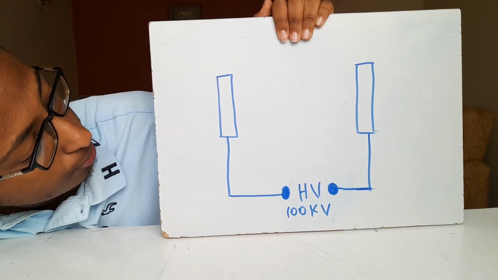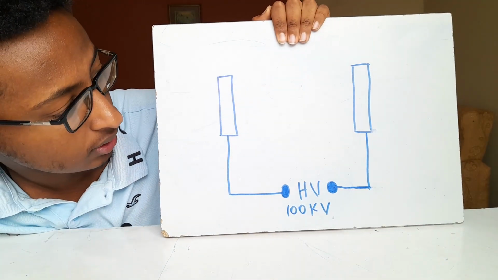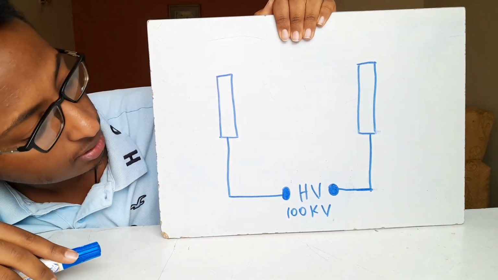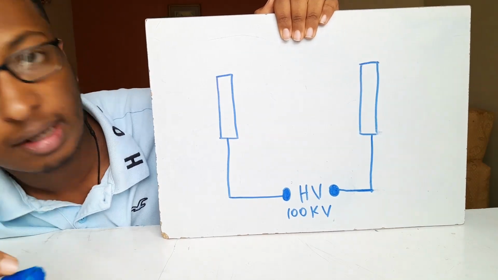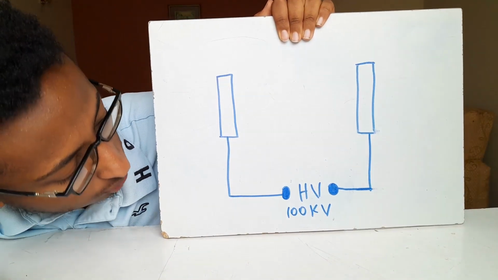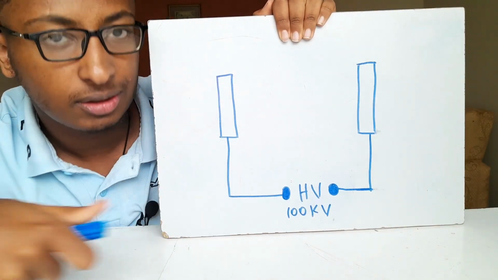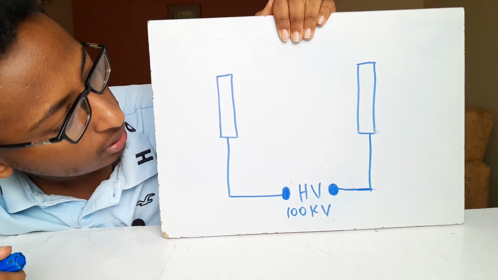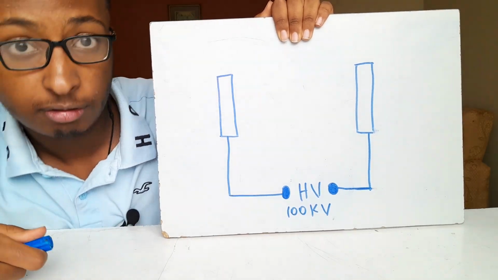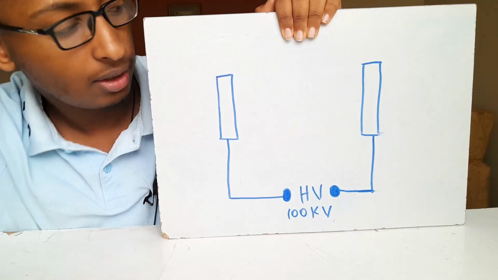When we separate the two, we call these two electrodes. Electrodes are metals that are separated or suspended in air. Now, what will happen when we connect a 100,000 volts and bring these two much closer? When you bring the two close enough, they start to produce something we call corona discharge.